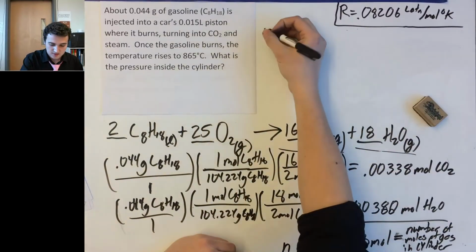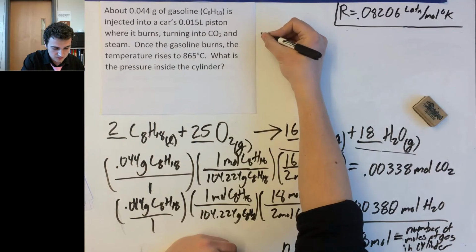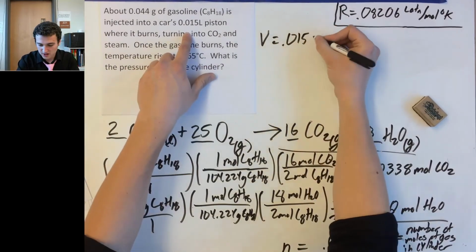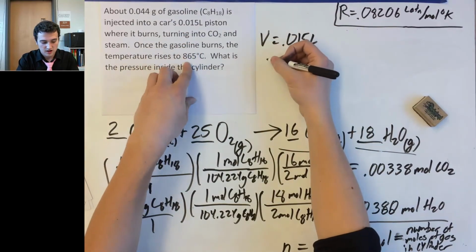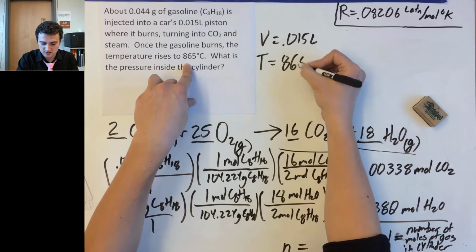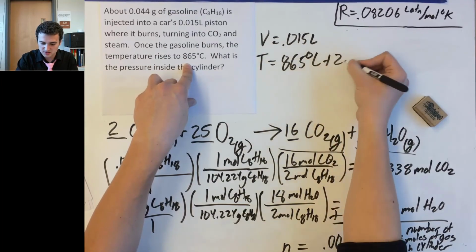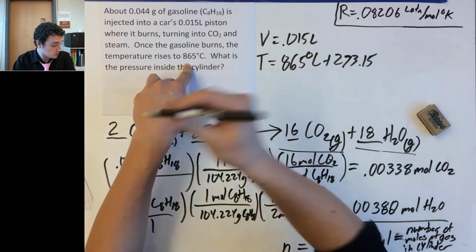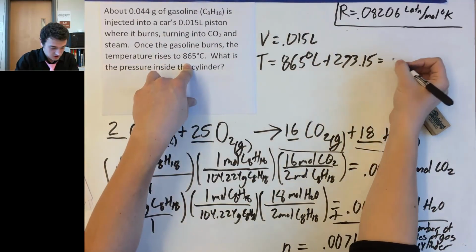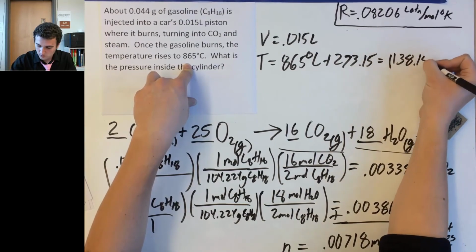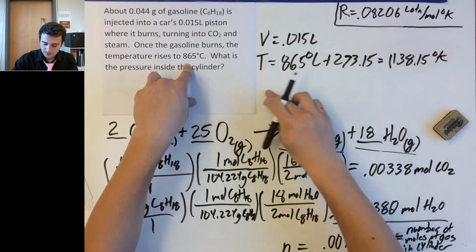I have my volume equal to 0.015 liters. I have my temperature equal to 865 degrees Celsius. Add 273.15 to get it to Kelvin, of course, which ends up being 1138.15 Kelvin.